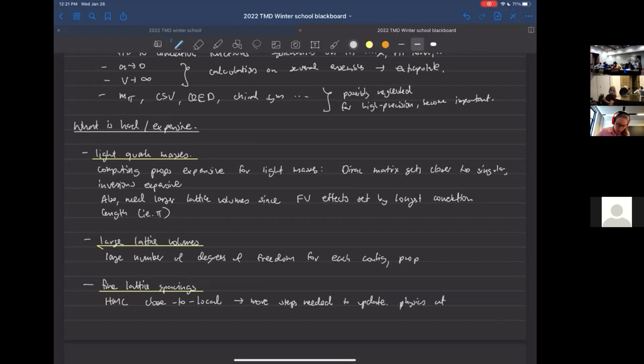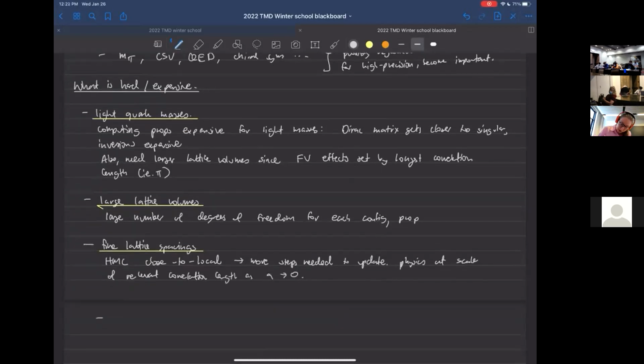No problem. So more steps needed to update physics at the scale of the relevant correlation length as the lattice spacing goes small. Okay, then large Euclidean times.